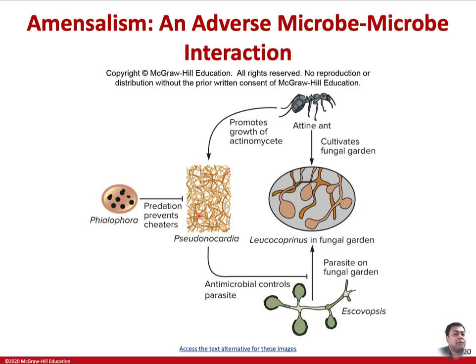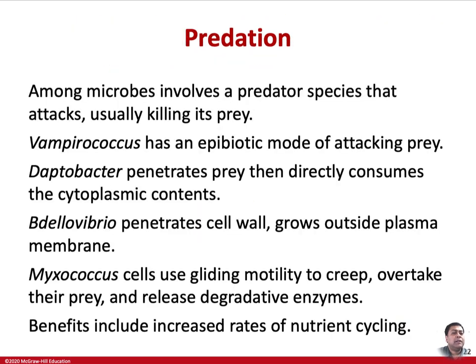So this Phialophora species will only be able to eat the Pseudonocardia which is not producing the antimicrobial agents, because that would kill the Phialophora as well. So the only ones which are producing this antimicrobial are going to thrive here. That means the cheaters, the ones which are not producing the antimicrobial, are eliminated from this population. A very interesting relationship.